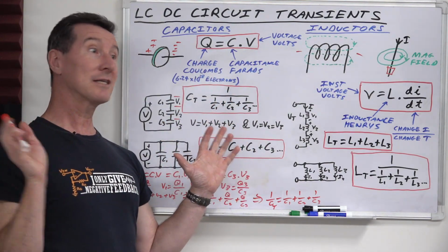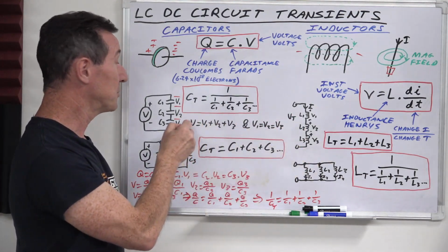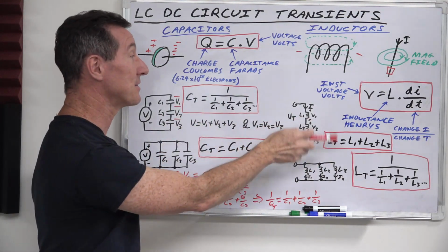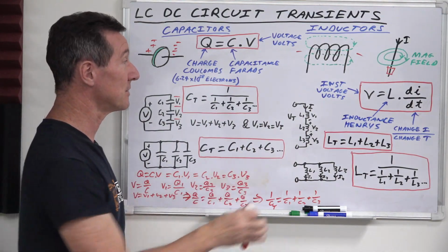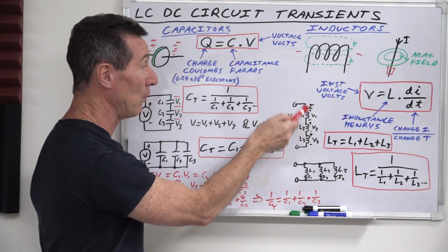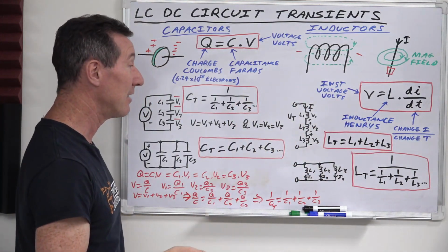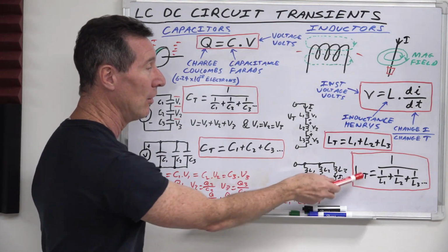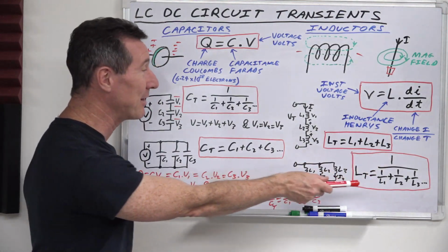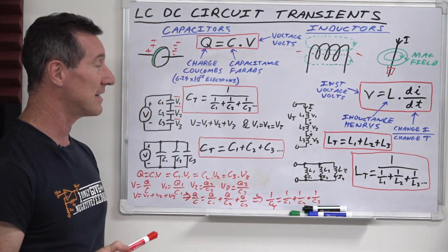So anyway, inductors in series and parallel, it's opposite to capacitors, and it's the same as resistors. When you have inductors in series like this, the total inductance L is just L1 plus L2 plus L3 in henries. And when you put them in parallel, the total is, once again, the same equation. It's exactly the same, except you replace C with L, like this, in parallel.